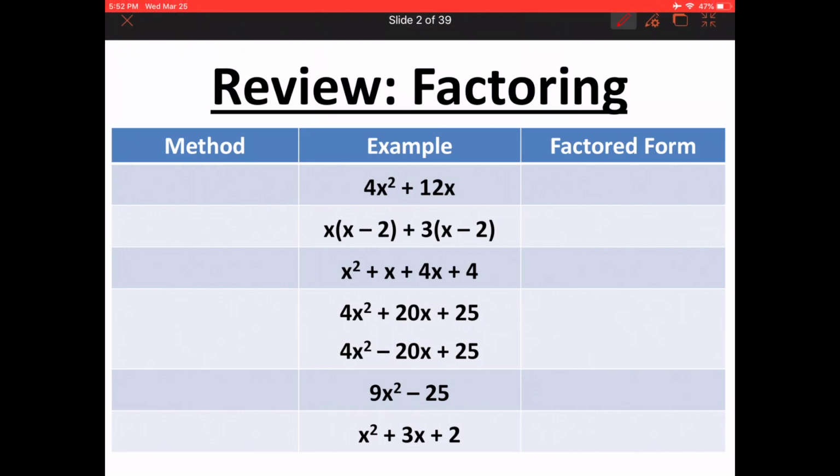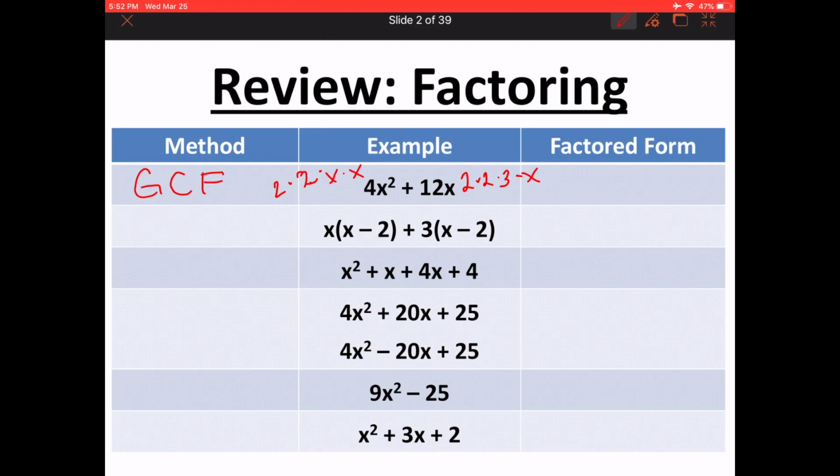So my first example that we see here, the 4x squared plus 12x, this method, if we remember, is called the GCF method for greatest common factor. Remember, in this method, we break apart each of the terms. So for example, 4x squared becomes 2 times 2 times x, and then 12x becomes 2 times 2 times 3 times x.